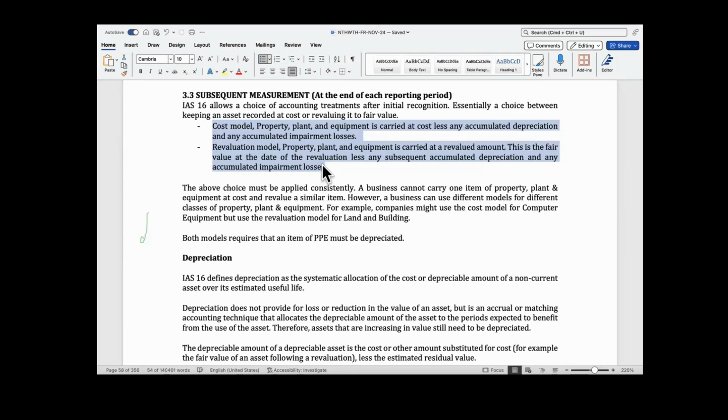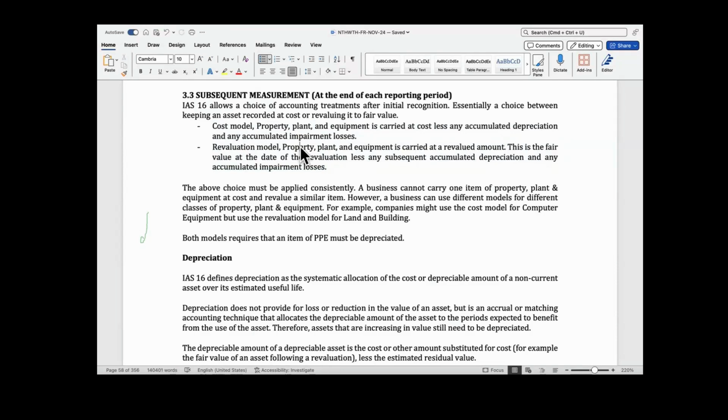When you choose revaluation model, you must continue to use that revaluation model till the end of the useful life of the asset. So we do not encourage that you change. You cannot change cost model or revaluation model. You choose one of the two.